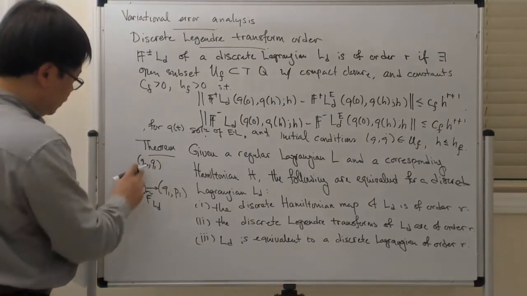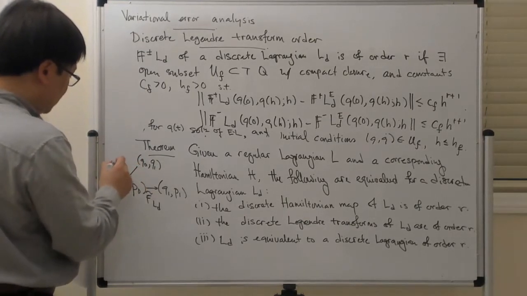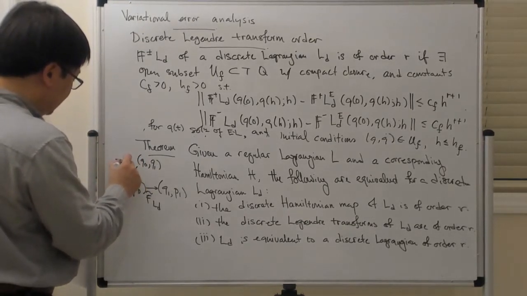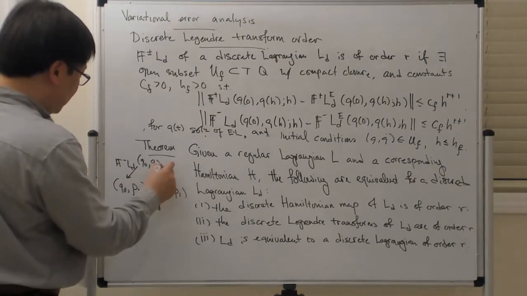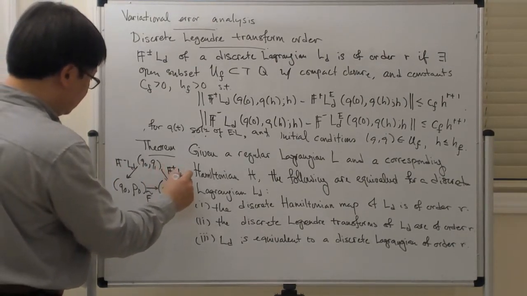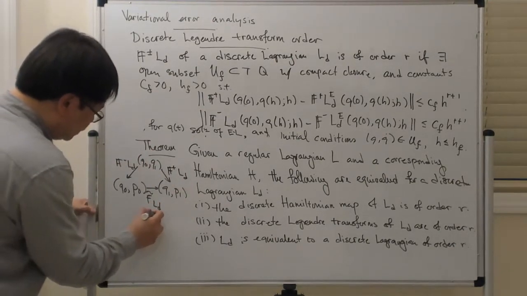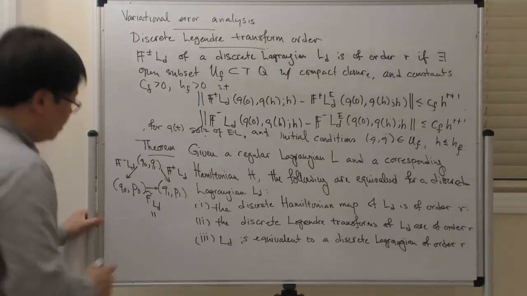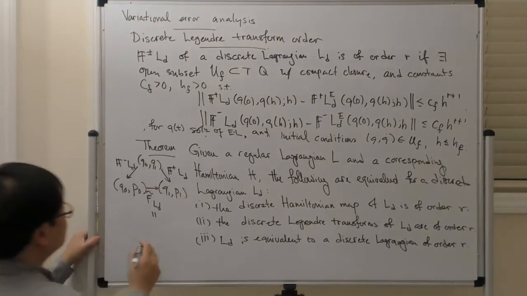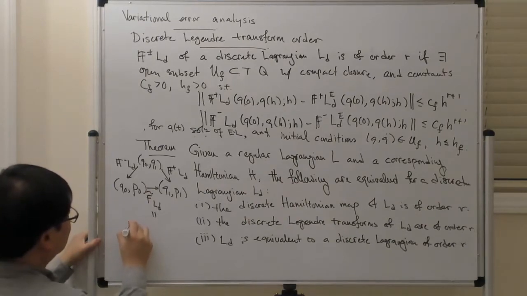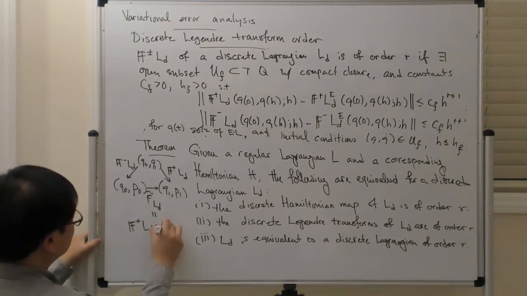This is the point Q0, Q1, which projects to the left by F minus LD and to the right by F plus LD. Okay, so this F tilde LD, which is the discrete Hamiltonian map, is given by just the composition of F plus LD with the inverse of F minus LD.